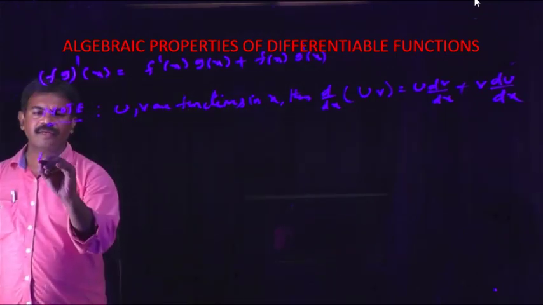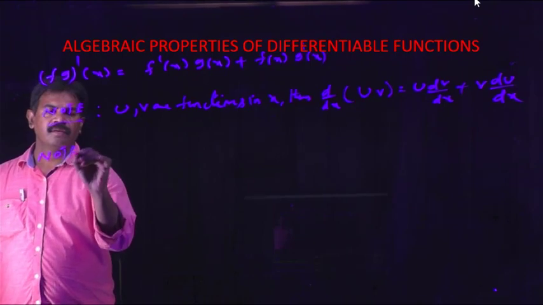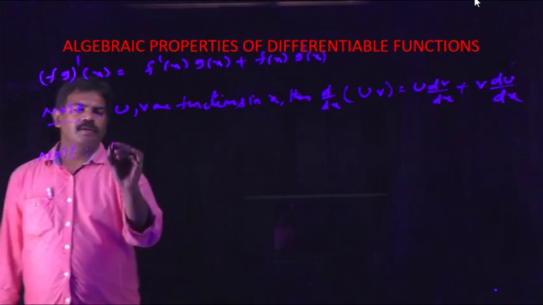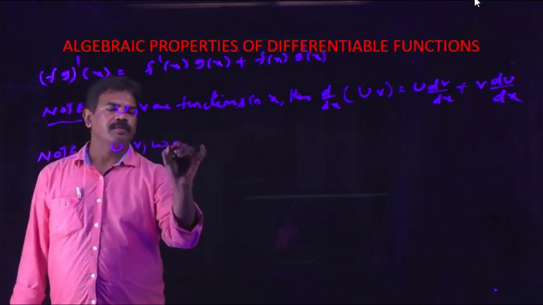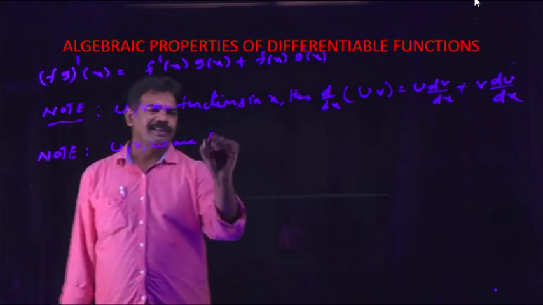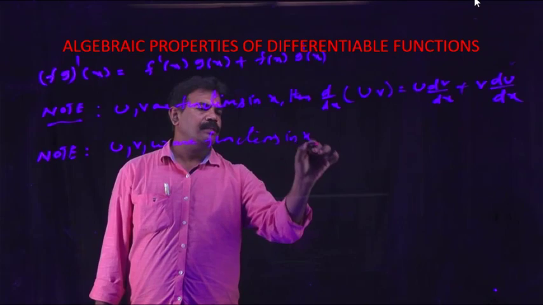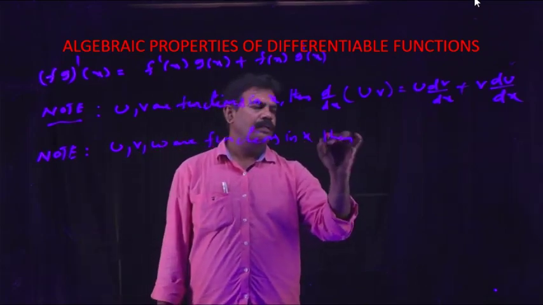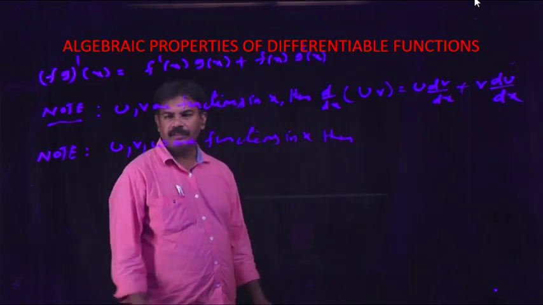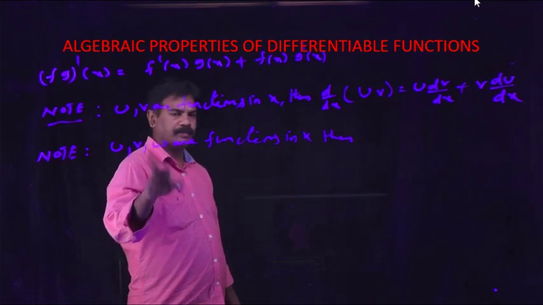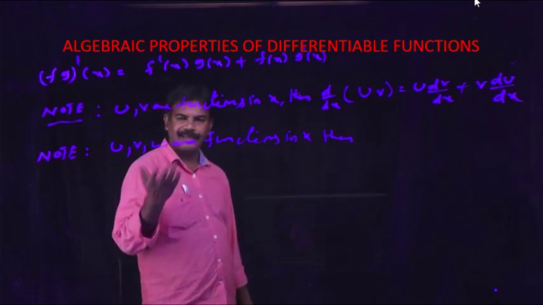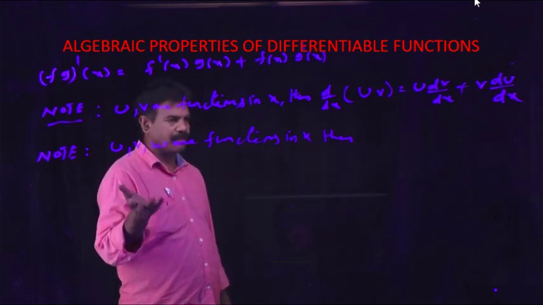So we take another note. If u, v, w are functions in x, then this can be differentiated in two ways, by using logarithms and by using the UV formula.